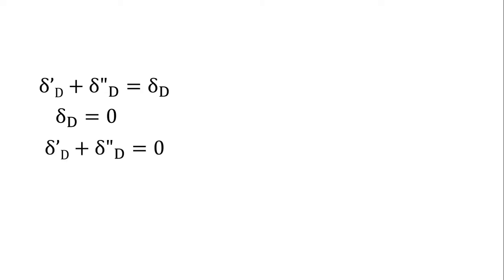Okay. Therefore, substituting, delta prime D plus delta double prime D is equal to 0. So, substituting the values, we can notice that EI will be cancelled out. So, kaya hindi natin nilagay yung value kasi eventually it will be cancelled out.